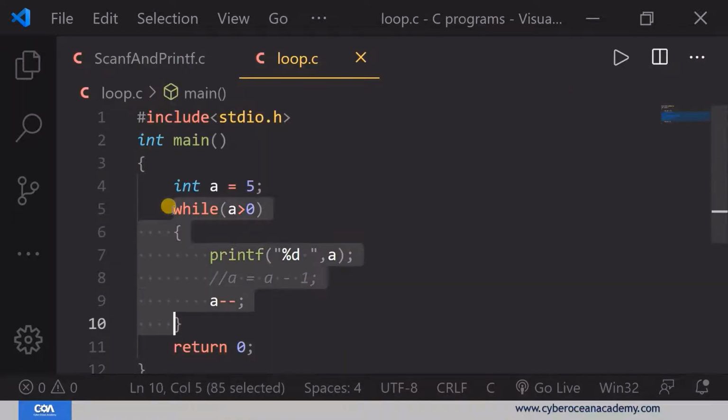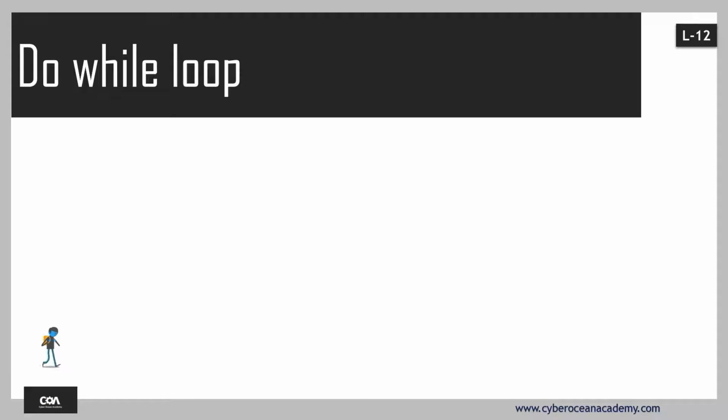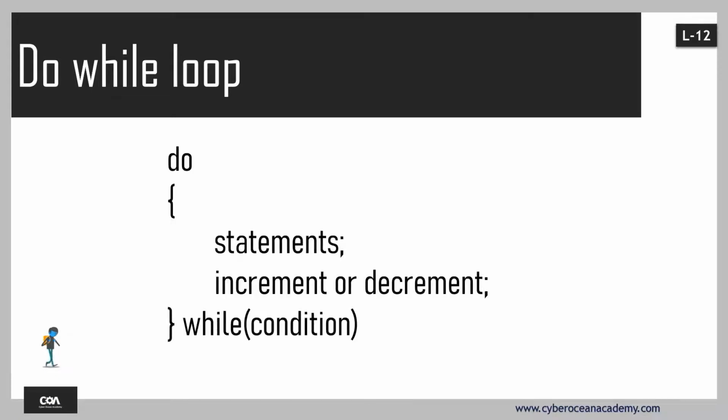Now understand the do while loop structure. This is the basic structure of a do while statement. So in a do while loop, what will happen?